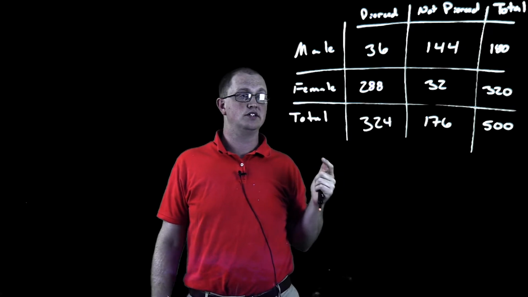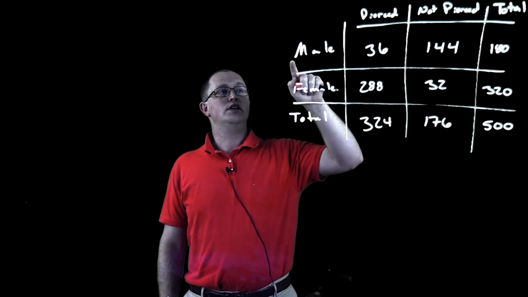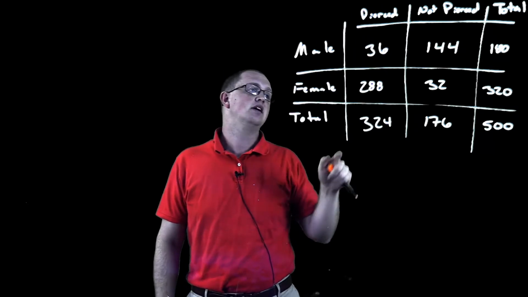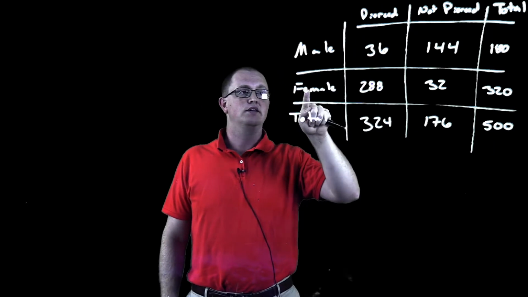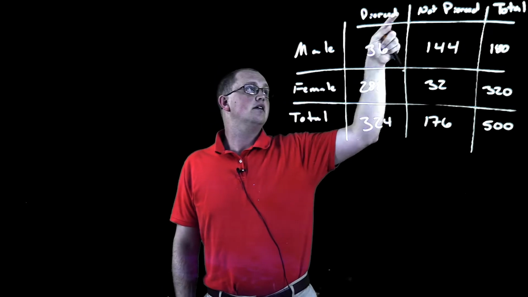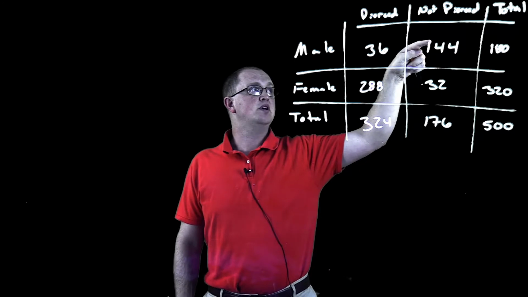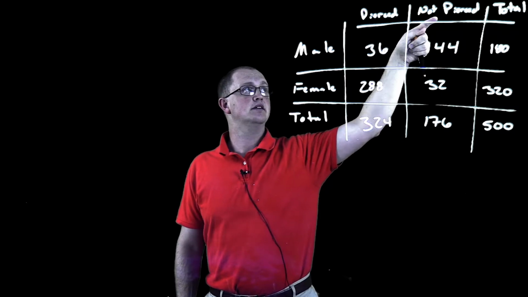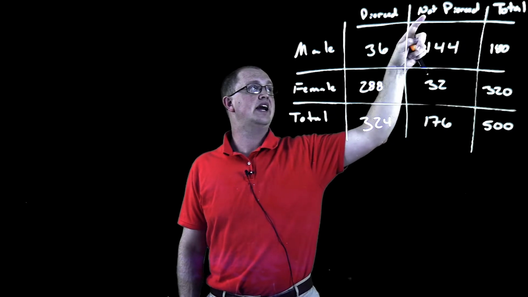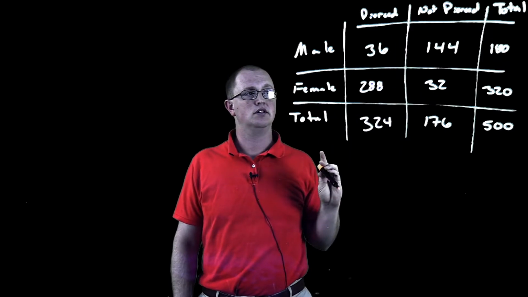So in other words, this would be the event male and pierced. The 288 here would be the event female and pierced. 144 would be the event male and not pierced, and the 32 would be the female and not pierced.